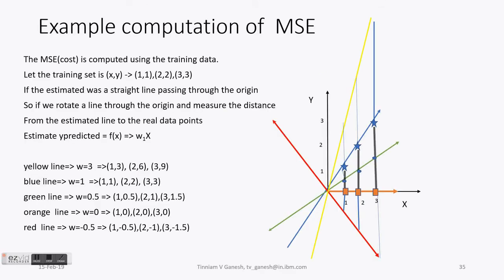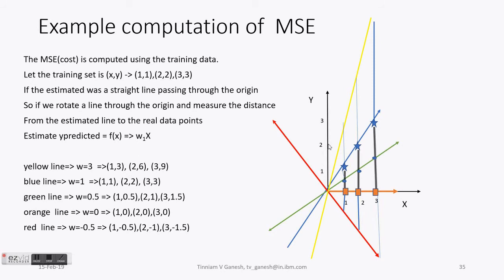So here is another simple example to highlight what I was trying to say. Let us assume our data points are 1, 1, 2, 2 and 3, 3, and we need to find the best line that passes through all these 3 points. So we could start with this yellow line, and as we know, the equation of a line which passes through the origin is W1x.